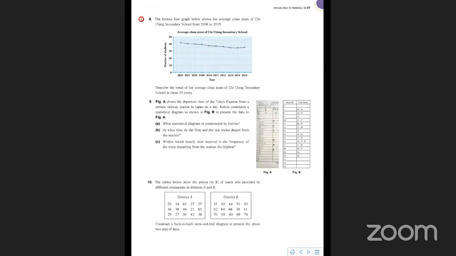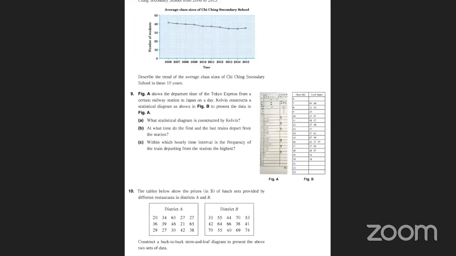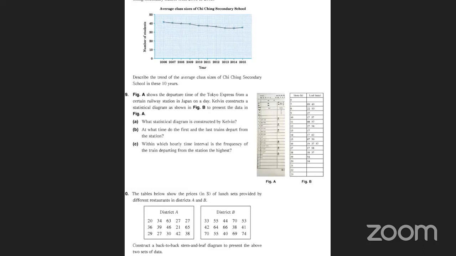Should be this part. Now for this one, for number 9, do anything you don't understand for number 9? Figure A. This is figure A, the one on the left.